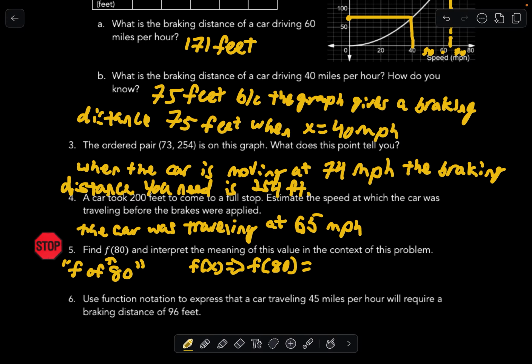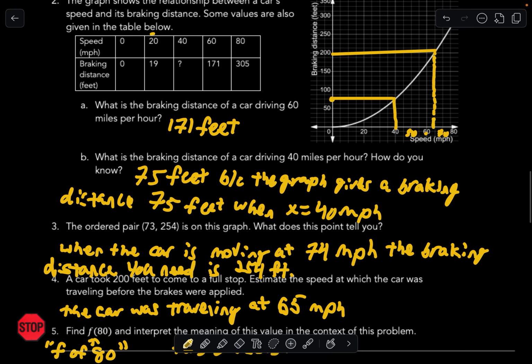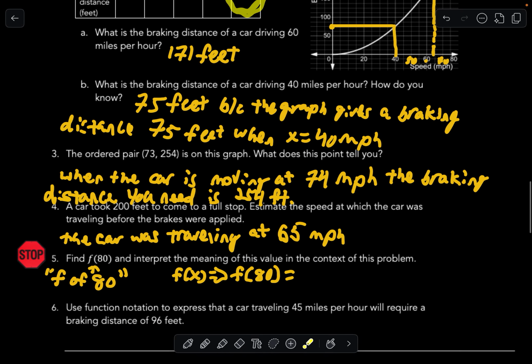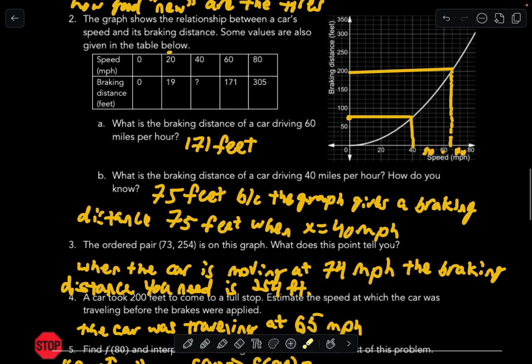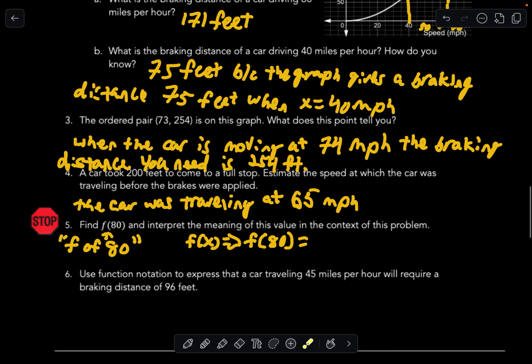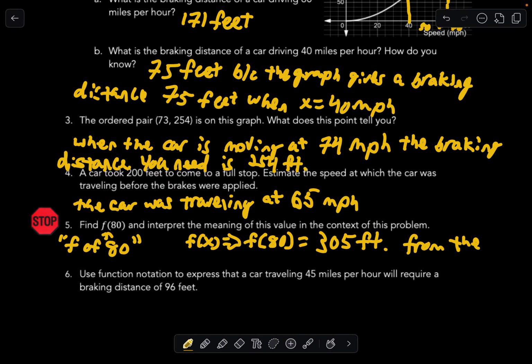So that means we look at the graph, or actually we could just look at the table right here. When the input speed, or x if you will, is 80, it says we need 305 feet to stop, and that came from the table.